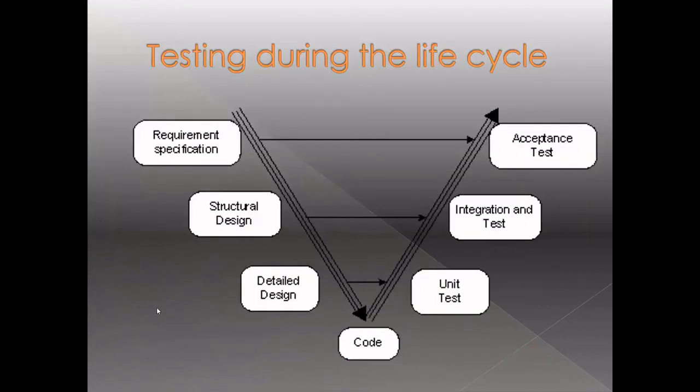So if you look at this diagram, see how the testing relates to phases in the software lifecycle. With the requirement specification, you have to map the test called acceptance test. That is the last testing that is being done. So validation will come here with the acceptance testing, where the customer accepts the product.